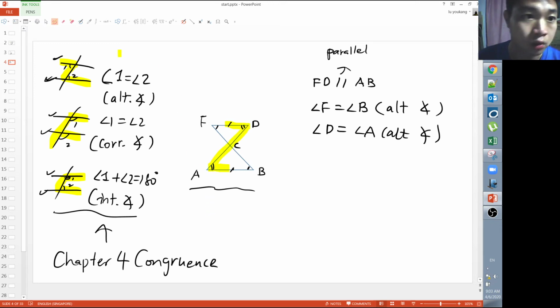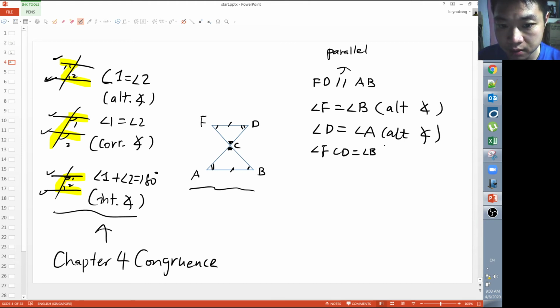Therefore, this angle FCD is equal to this angle as well. So your angle FCD is equal to your angle ECA.